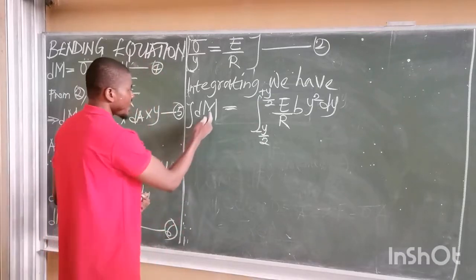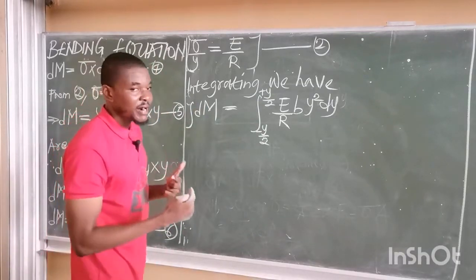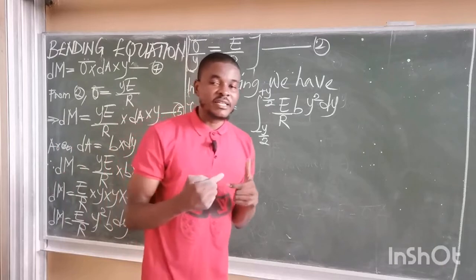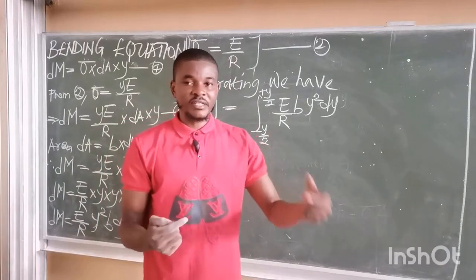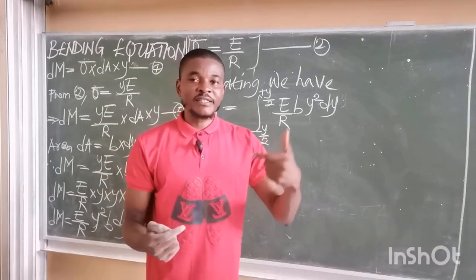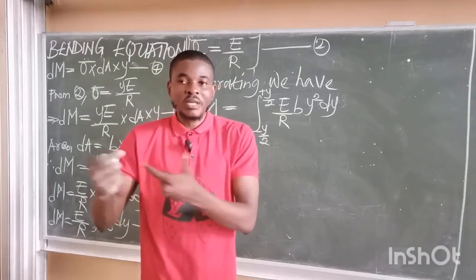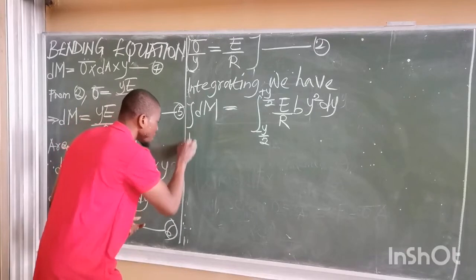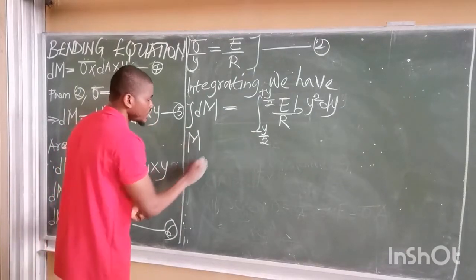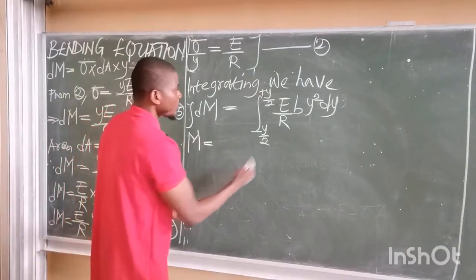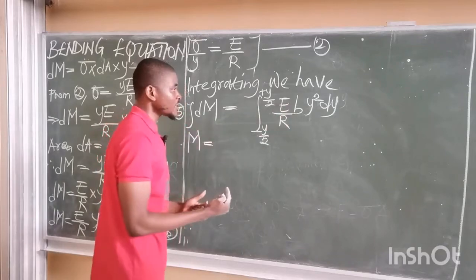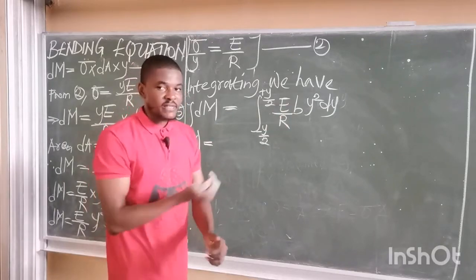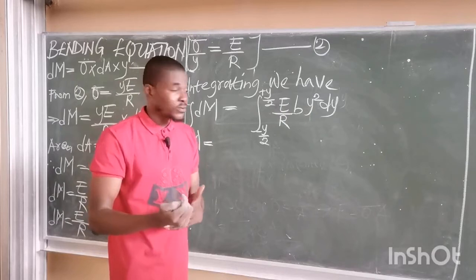So of course, if I integrate the m, I will simply have total moment, because integration is the opposite of differentiation. So once I integrate a derivative, it gives me back the total value. So if I integrate moment, the m, I will simply have total moment M, and this is now equal to, of course, Young's modulus here is a constant, so it will definitely have a value.